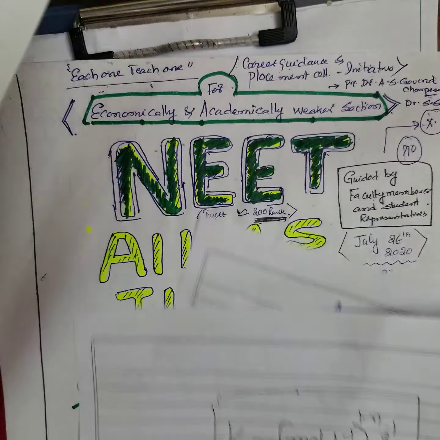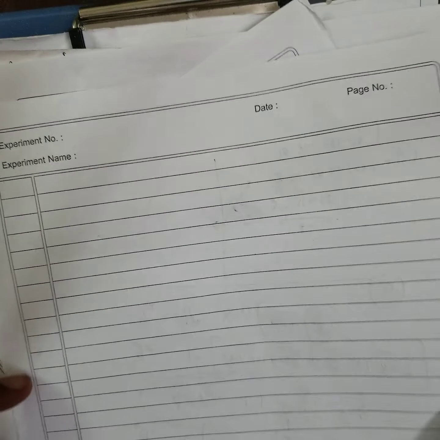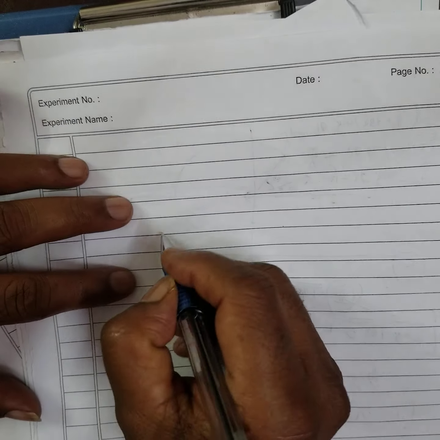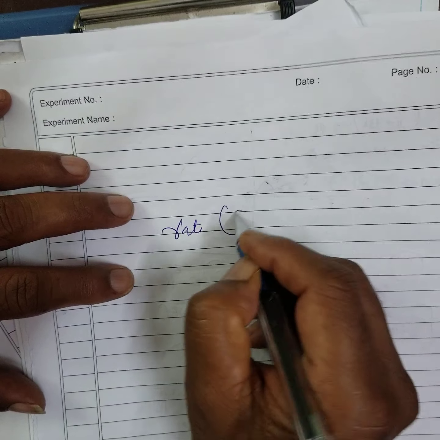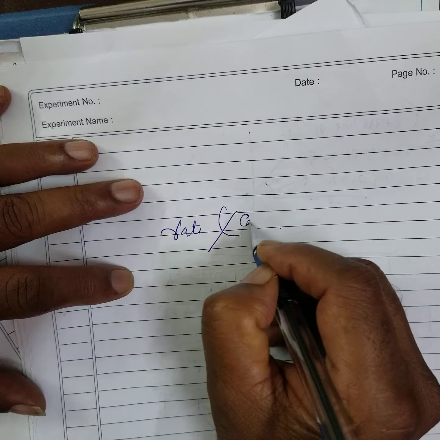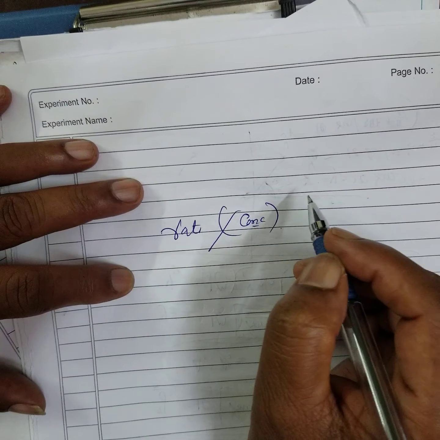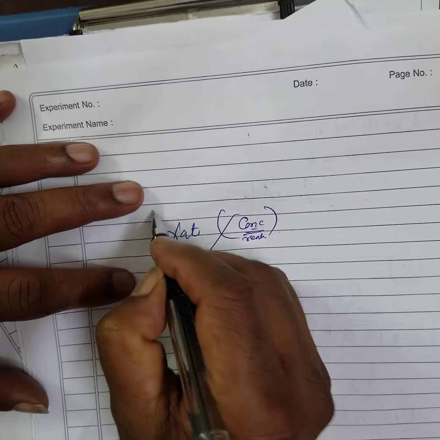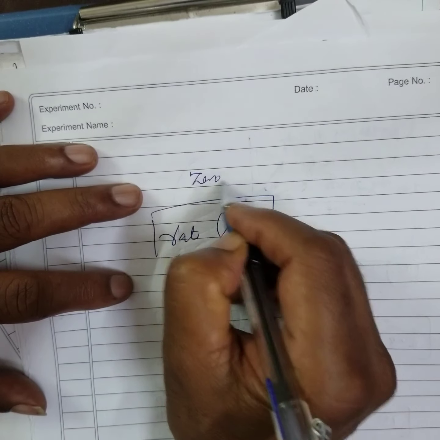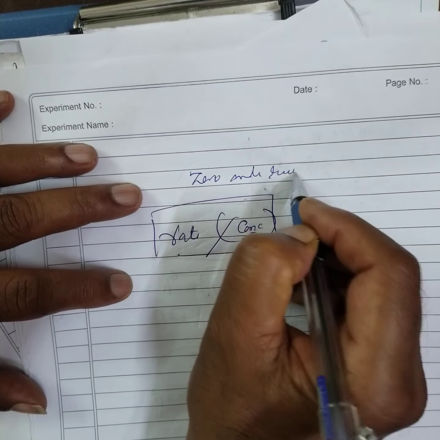See, another thing is the zero order of the reaction. If the rate of the reaction does not depend on the concentration of the reactant, then it is called a zero order reaction.